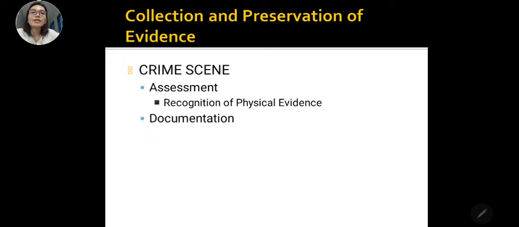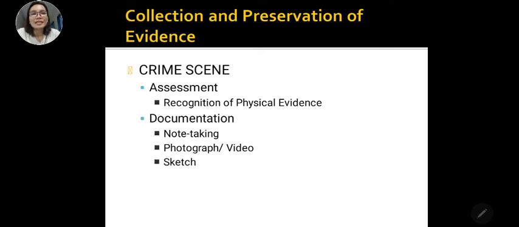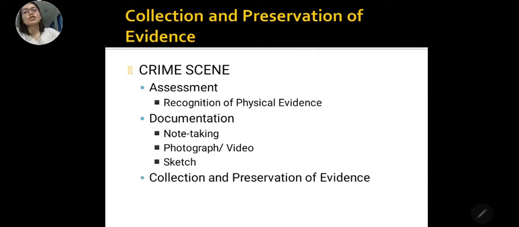So what is documentation of the crime scene? What does documentation of the crime scene mean? We have note-taking, the photographing or the videographing of the crime scene, and the sketch. And then we have the collection and preservation of evidence.